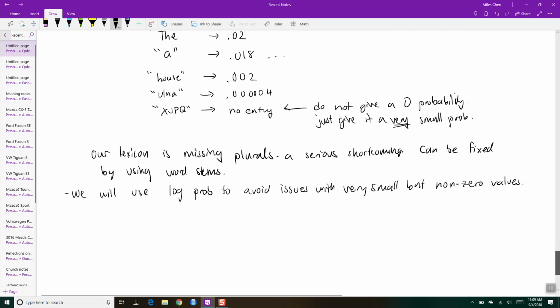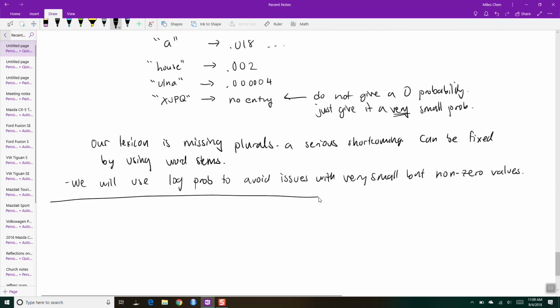All right, and then let's talk about the Metropolis algorithm. Is everyone okay with this so far? Kind of following along our strategy?